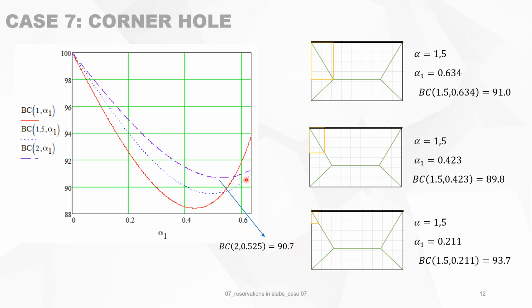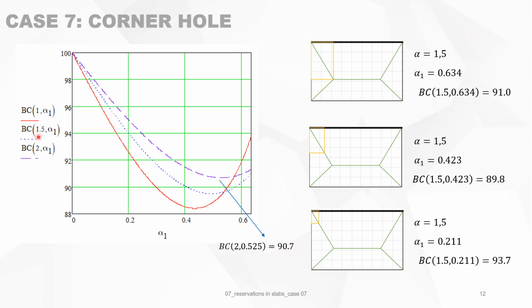That's how you see it. There is an extreme value where the bearing capacity is the least. So for each B over A, there is a bearing capacity which is the least. And this is a size of a reservation equal to 0.525 times A and gives you a minimum of 10% loss in bearing capacity.